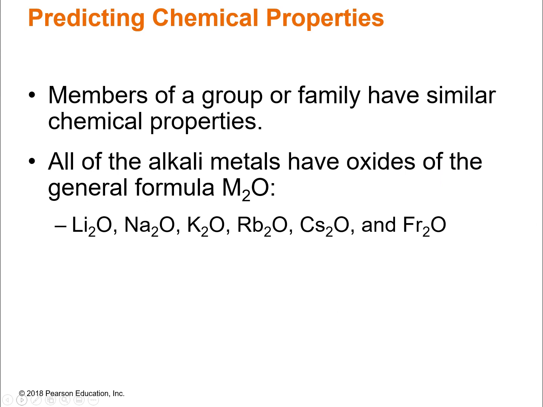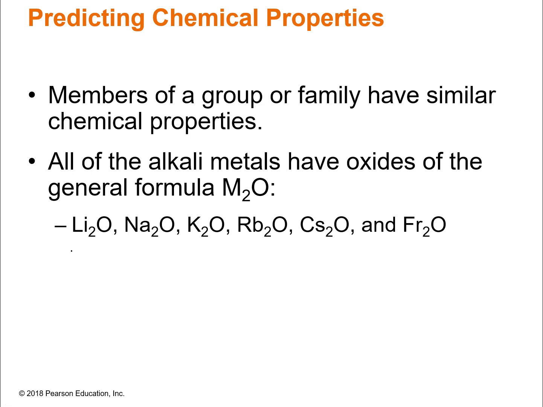So every element in a group has similar chemical properties. Mendeleev organized the groups according to the oxide of the element. And that wasn't a bad thing to do because, by and large, when we're looking at the chemical formulas, they're going to look very similar.